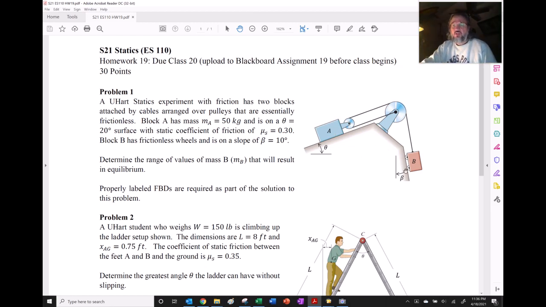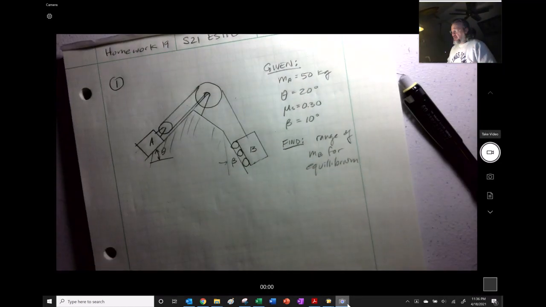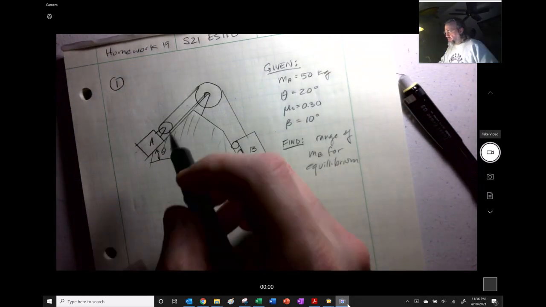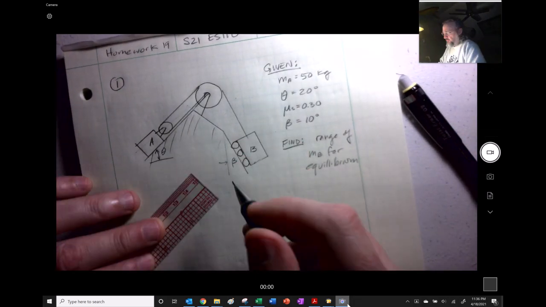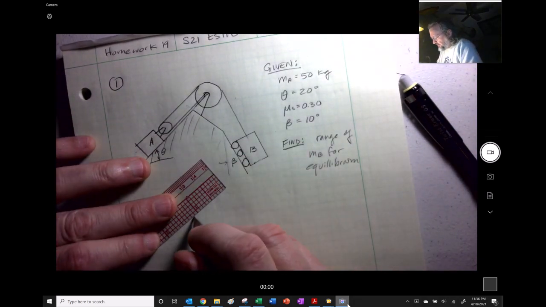So anyway, this is 10 degrees. We want to find the range of the mass of this required to keep it from sliding. There's a minimum and a maximum that can be done. I've written this thing out, and I start out with an FBD of this guy.